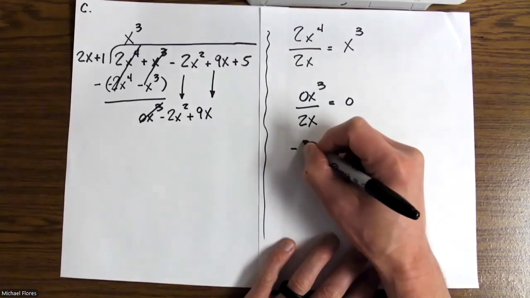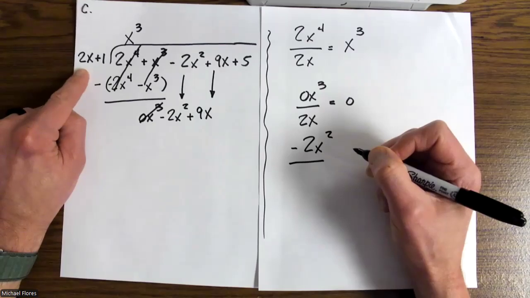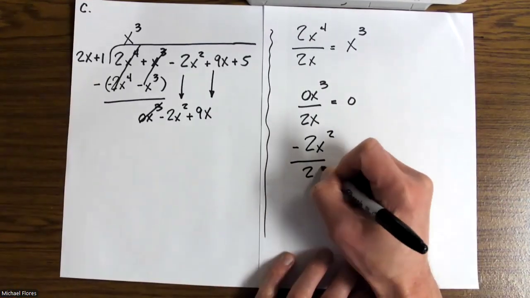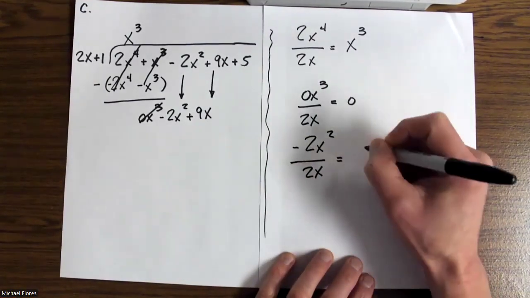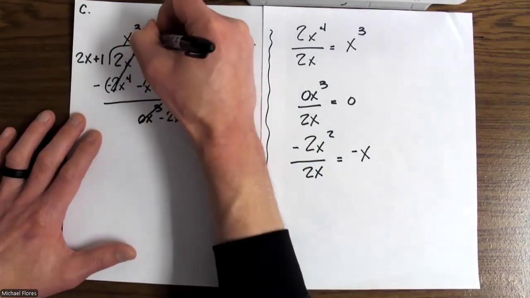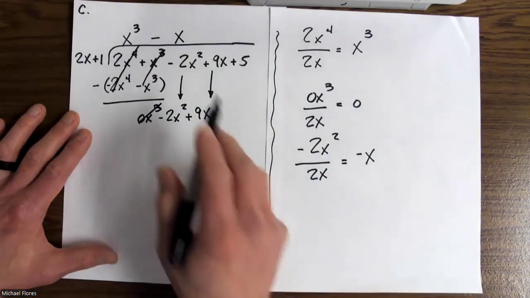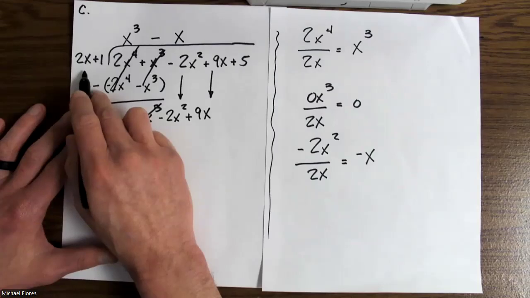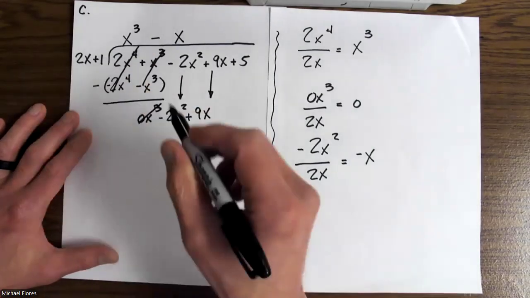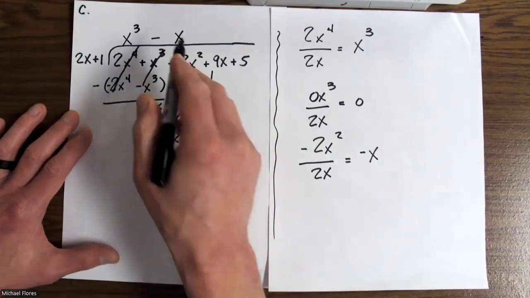Negative 2x squared divided by 2x gives us negative x. So that's what we're going to write up here. And then multiply negative x times 2x is negative 2x squared.